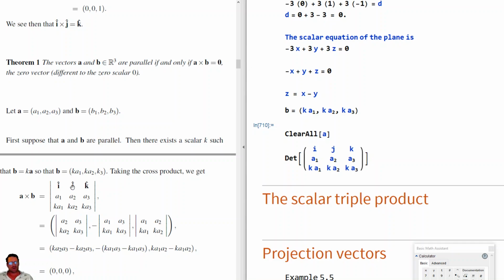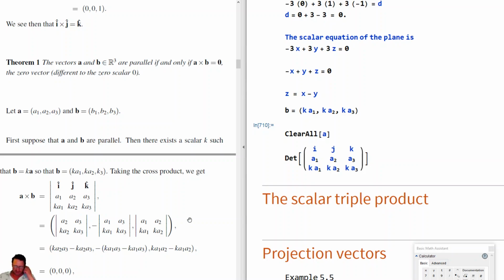So J, we cross out the row and the column that J is in, and the matrix that remains is A1, A3, KA1, KA3, but we put a minus sign in front of that determinant. These are going to alternate. Okay, and then finally, to calculate the last 2 by 2 determinant, to work out the third component of the cross product, we cross out the row and the column that the K is in, and we're looking at A1, A2, KA1, and KA2, and calculating that 2 by 2 determinant.